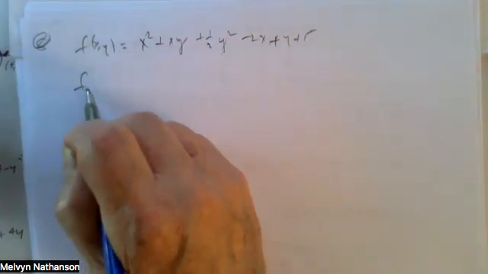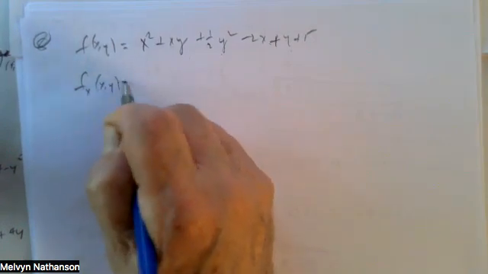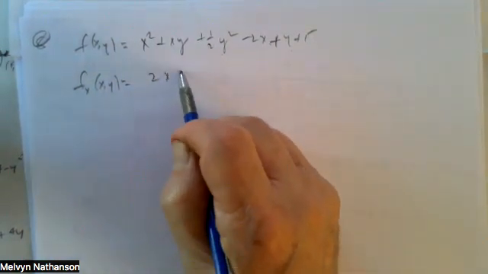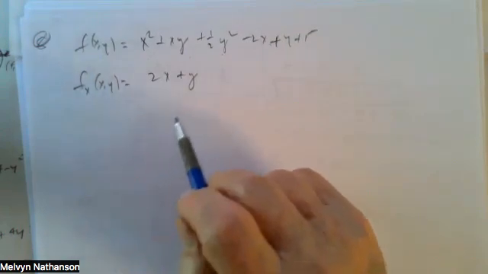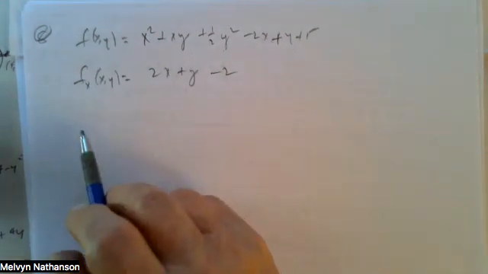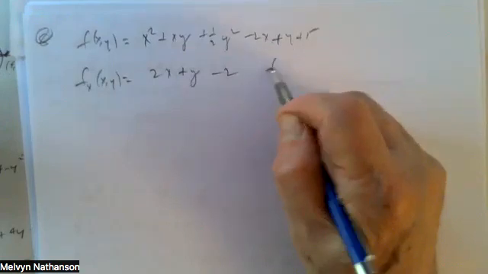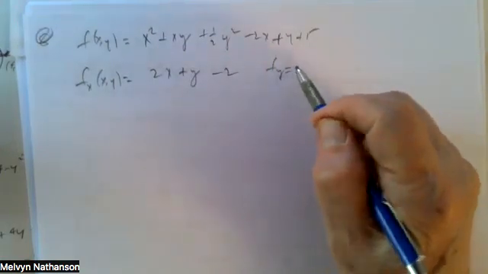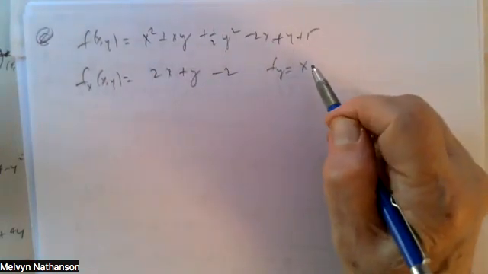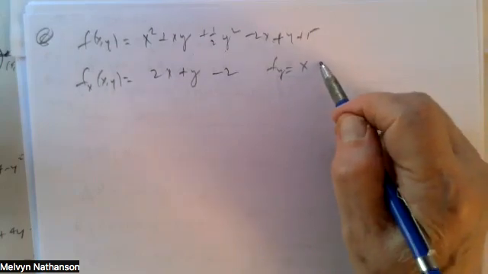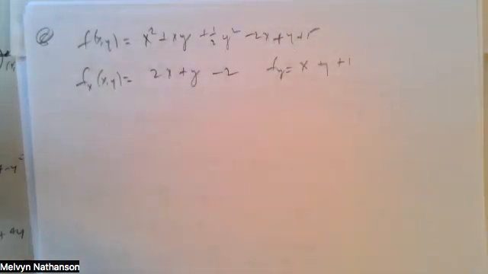So the partial of f with respect to x is equal to 2x plus y minus 2. And the partial of f with respect to y is equal to x plus y plus 1.